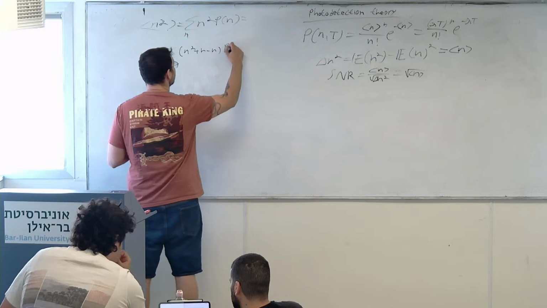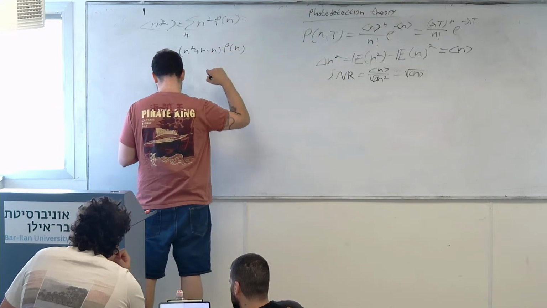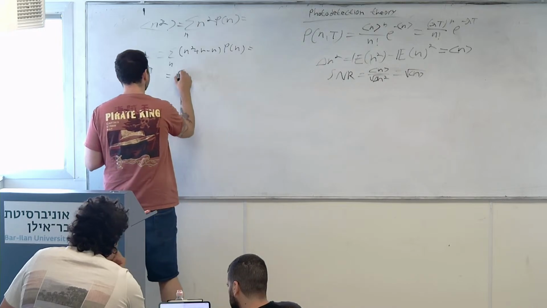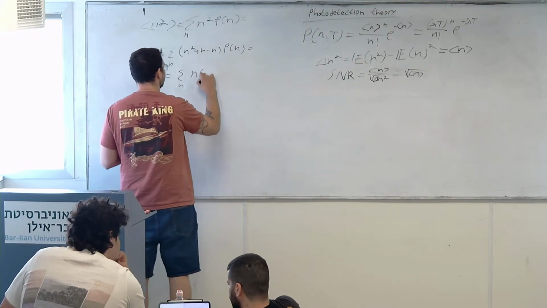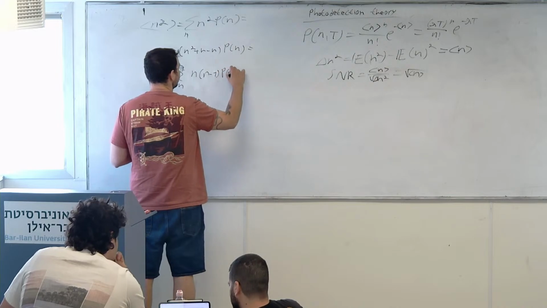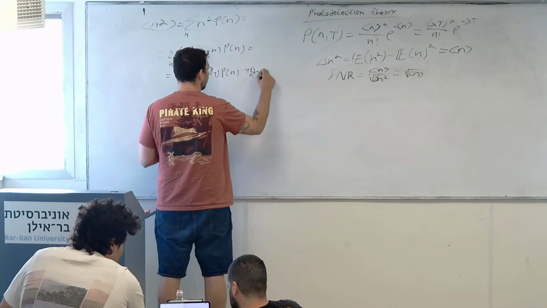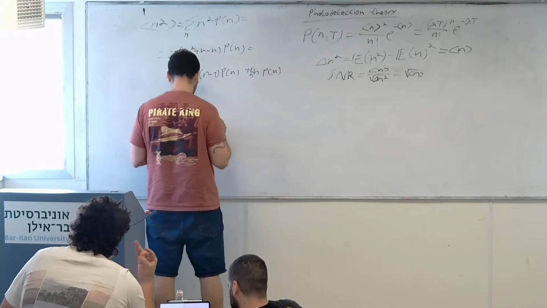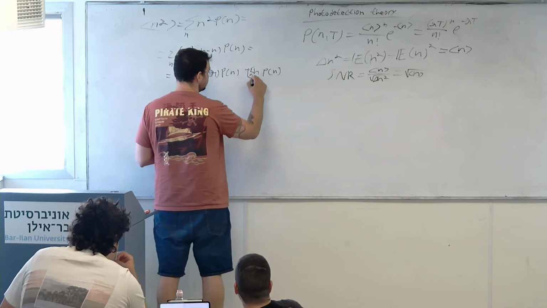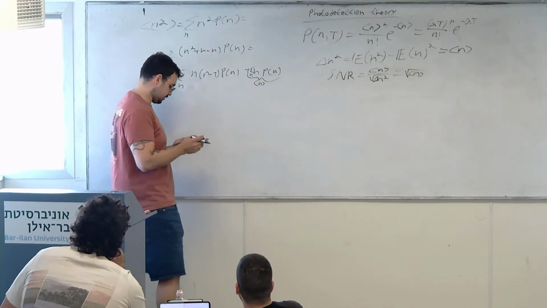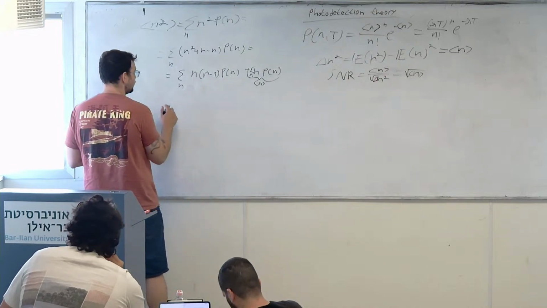The expectation of n squared should be equal to sum over n of n times n minus 1 times p of n, plus sum over n of n p of n, right? This right here is the average number of photons, okay?